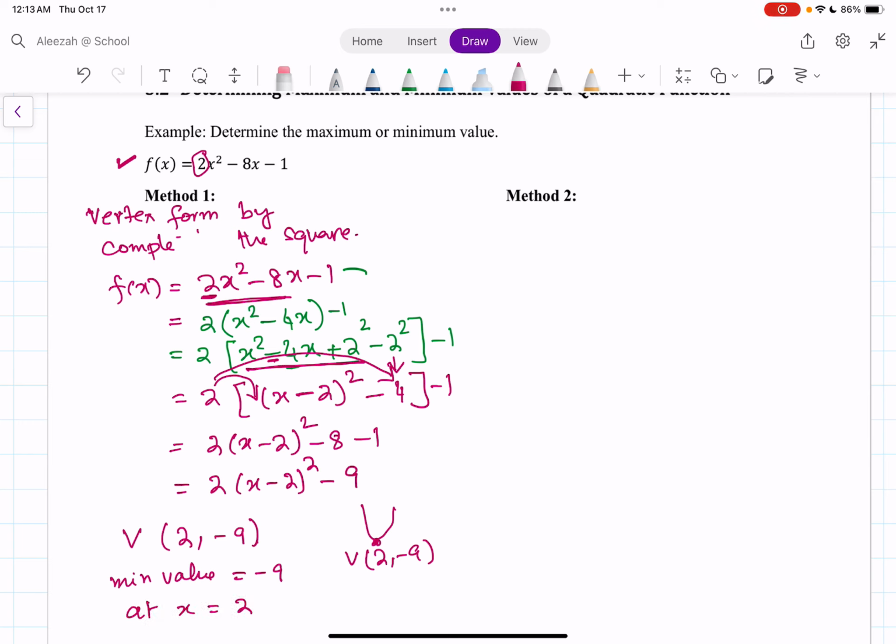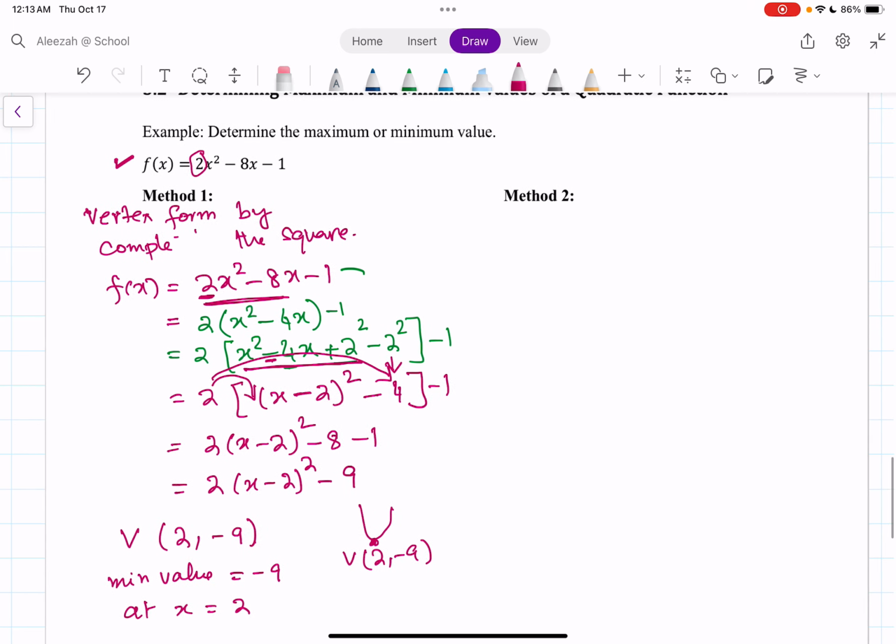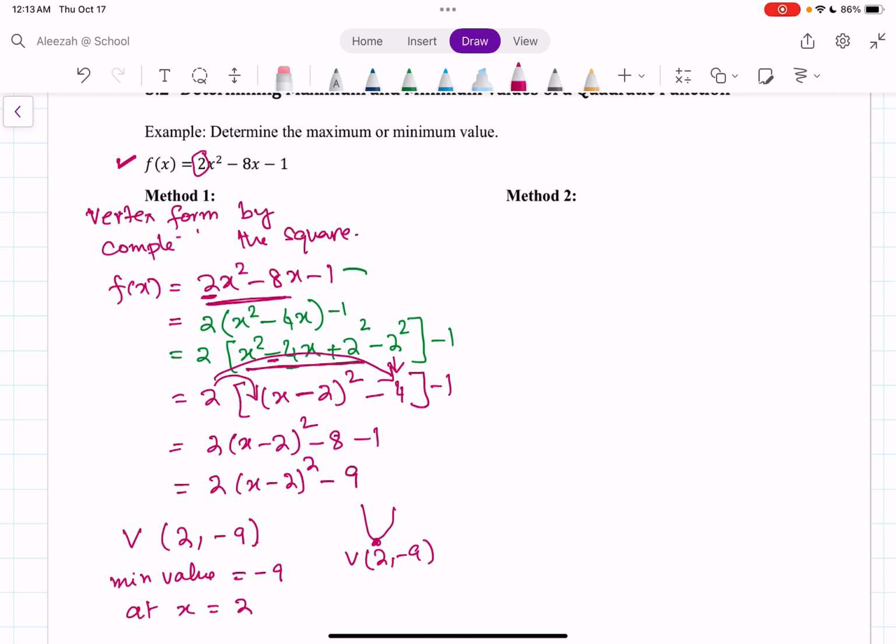Now the second method for finding the vertex of a quadratic function: if you're given an equation in the standard form, f of x equals 2x squared minus 8x minus 1, you can use the formula. The x coordinate of the vertex is minus b over 2a.